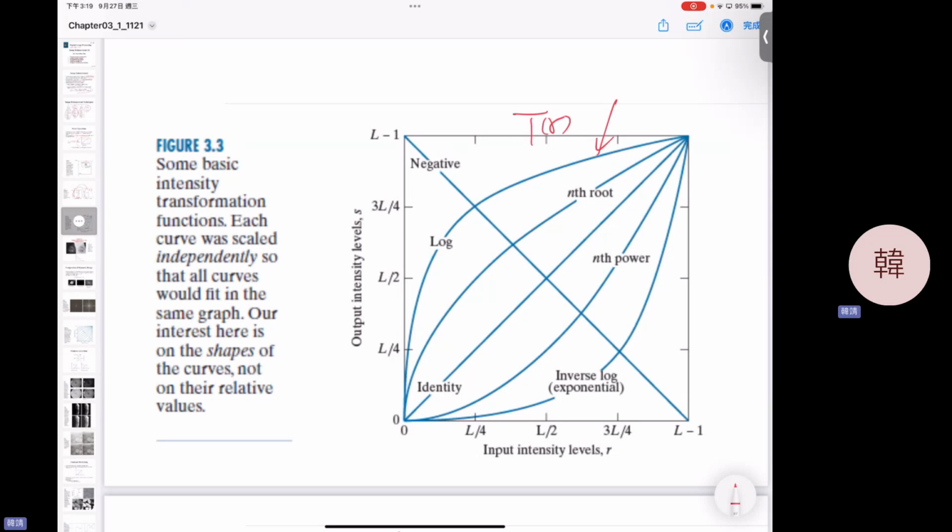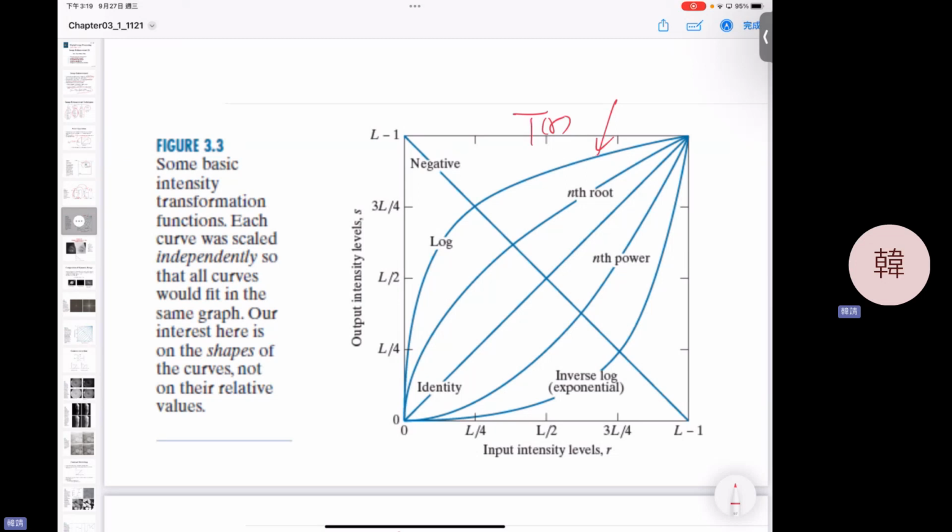The first one is linear. The second one is a logarithm, so you take a log transformation, or you take the inverse log, maybe you say exponential, it's fine.